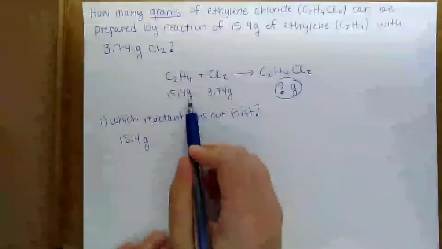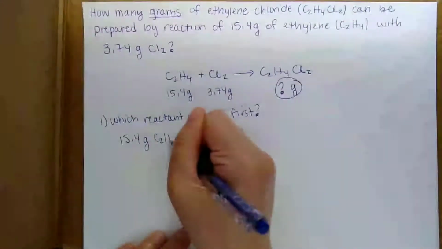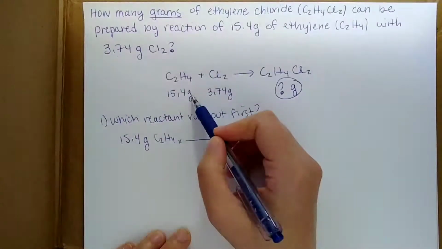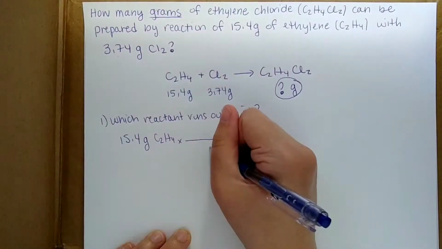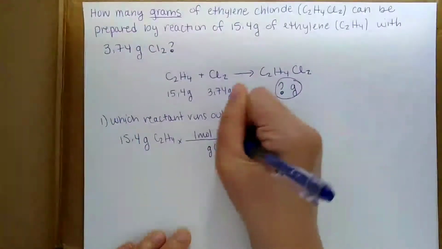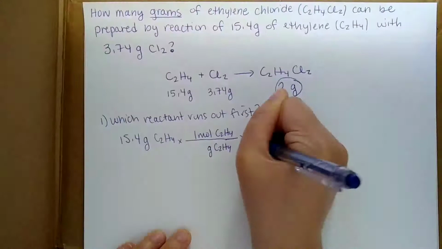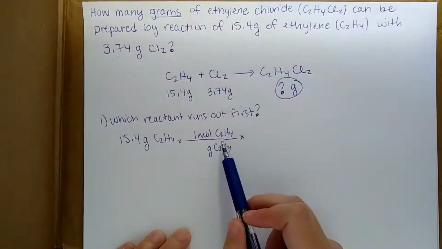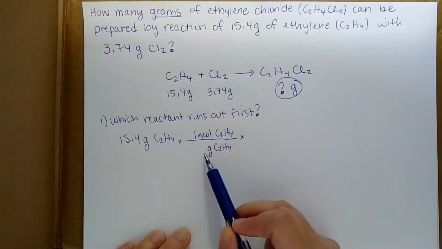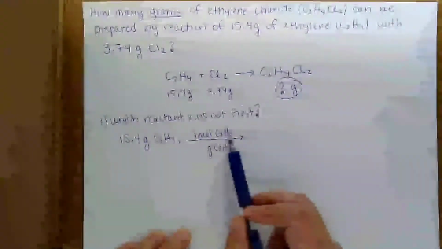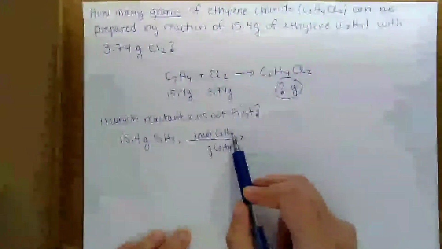So let's start here. We have 15.4 grams of C2H4. We want to go from grams of C2H4 into moles. This is something I do when I solve problems. I just write down the general work, and then I'm going to go back and figure out what this quantity is later. So we're going from grams into moles. We now have to go from moles into moles.